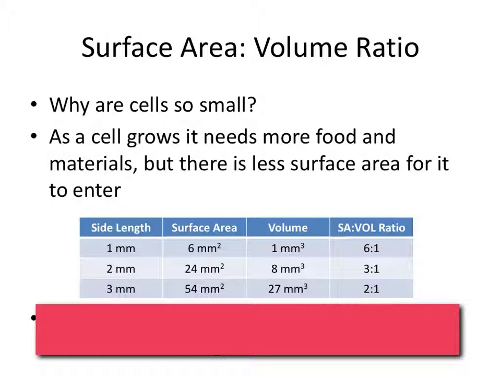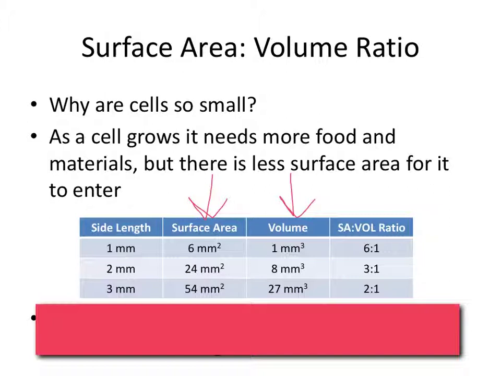Well, like I said, you could think of volume as being like the amount of stuff a cell needs, right? The bigger the cell is, the more stuff it needs to get in. Let's say it needs more food. Surface area, think of as almost like the mouths for that cell, right? Because all the food has to come across the surface area, that cell membrane.